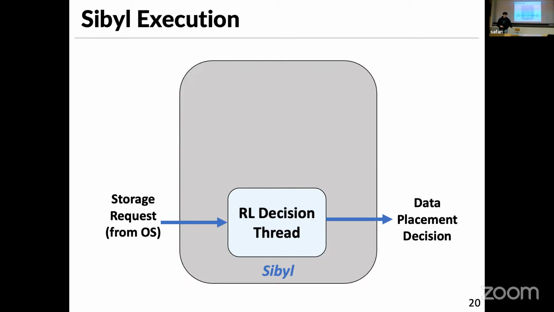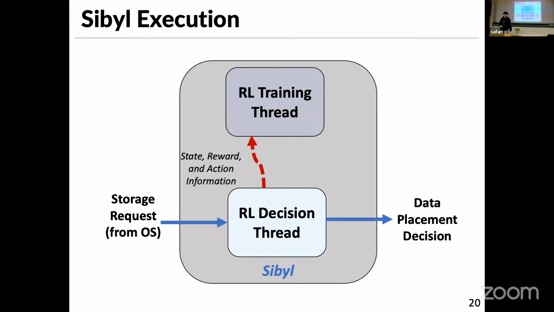In the RL decision thread, you have the inference process. And concurrently you have the RL training thread, which will take a combination of the state, the reward, and the action information bundled together, and it will then train and do a periodic policy weight update, which will happen about every 1,000 page requests.